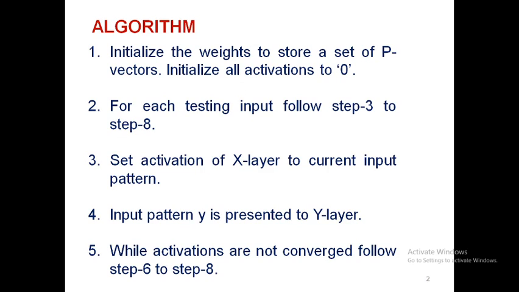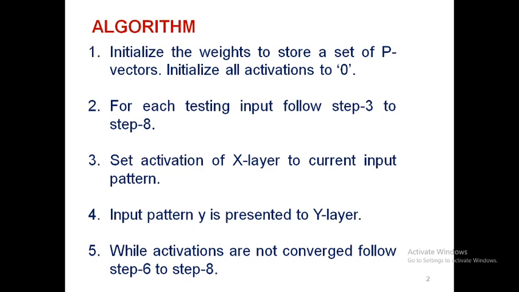Again the X layer needs to activate the function, and the X layer will have the computational task. Again that X layer will give some output, right? That X layer output is nothing but the actual input to the X layer. If the X layer output is not matching with the input, then again you need to go back towards the Y layer. While processing towards the Y layer, your weights will be updated so that you will get the new output. If the new output is matching with the target output, then your activations are converged.